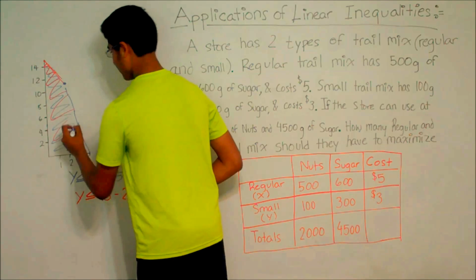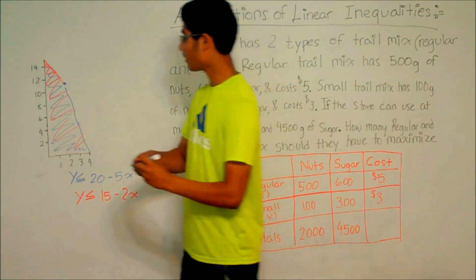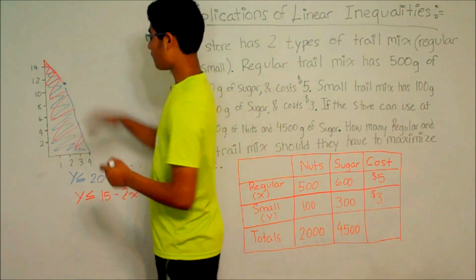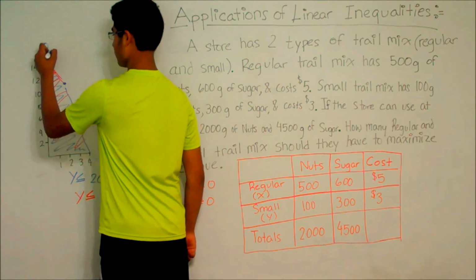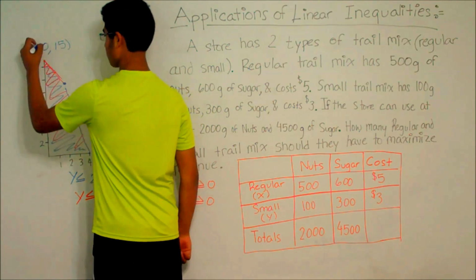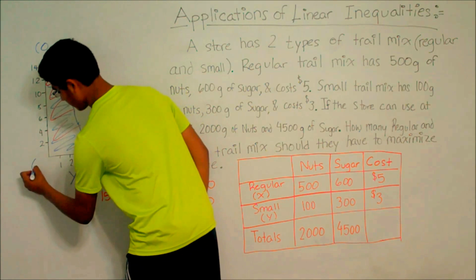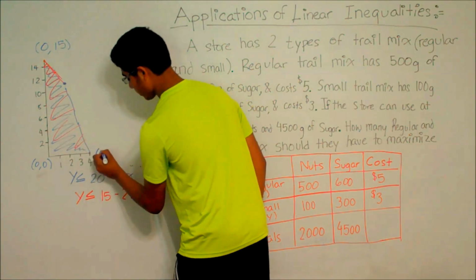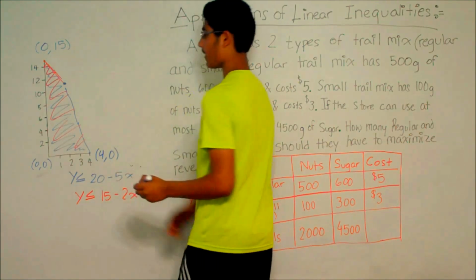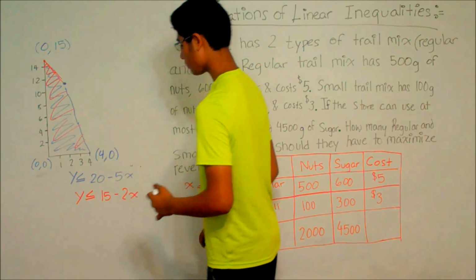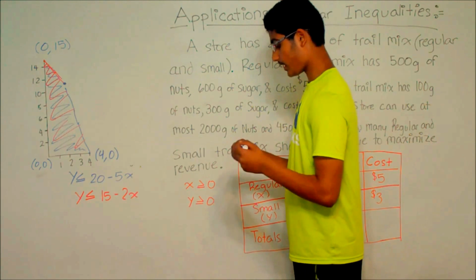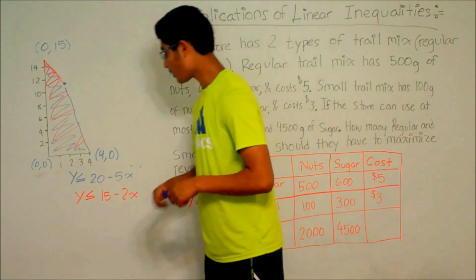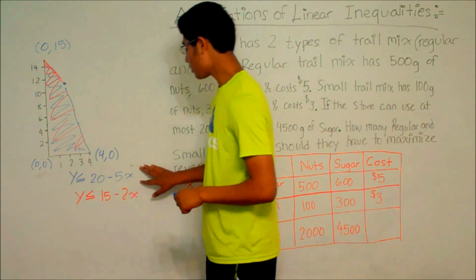In this case, it would be 0, 15; 0, 0, the origin; 4, 0; and now we have to find out what this point is. To find out, we first have to find where the intersection of these two lines meets.